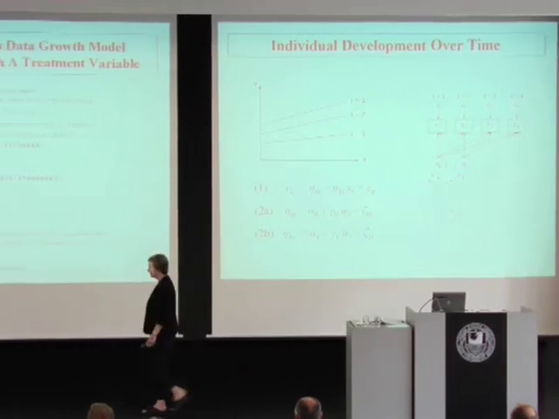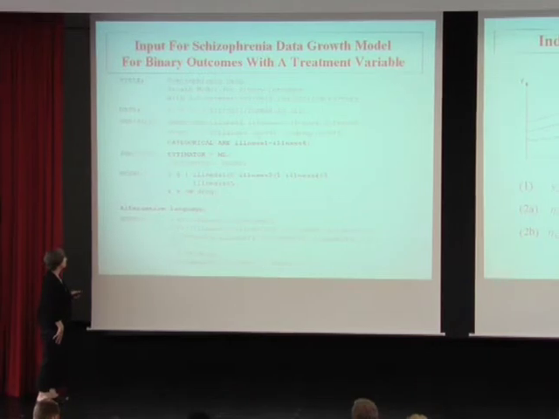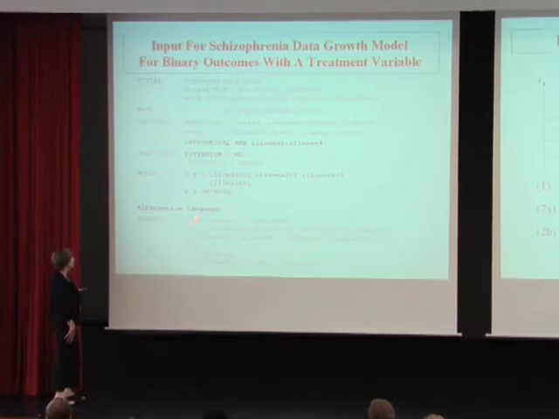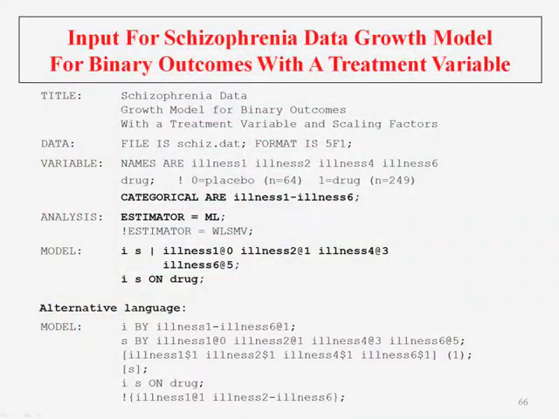So at the bottom of this slide, I show using the factor analysis language to specify the growth model. And that's what we had when we first started Mplus. Subsequently, we created a special growth modeling language, which is shown in the model command above.